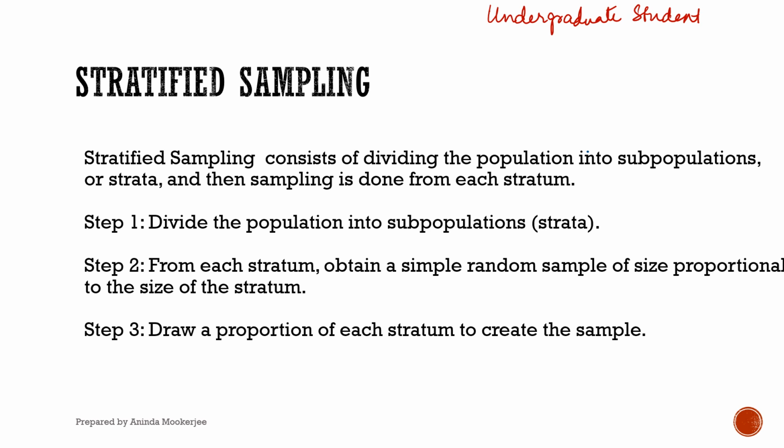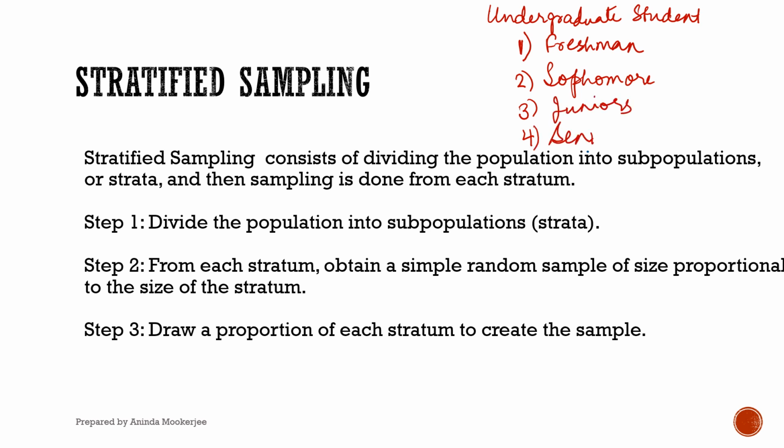So we divide the students enrolled in the undergraduate school into the 4 years, and we will call them strata. The first year is the freshman year, then we have the sophomore year, then we have the juniors and the seniors. So this represents our strata, and the single one is a stratum.